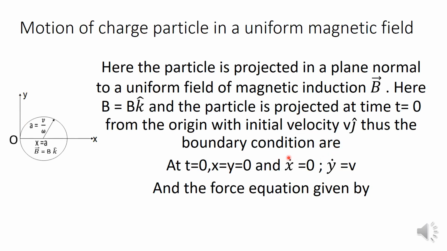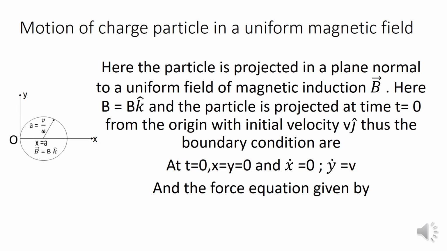Thus the boundary condition can be expressed as: at time t equal to 0, x is equal to 0 and y is equal to 0, and the velocity component, that is the x component, x dot is equal to 0. x dot means dx/dt, which is Vx, and y dot is equal to V.